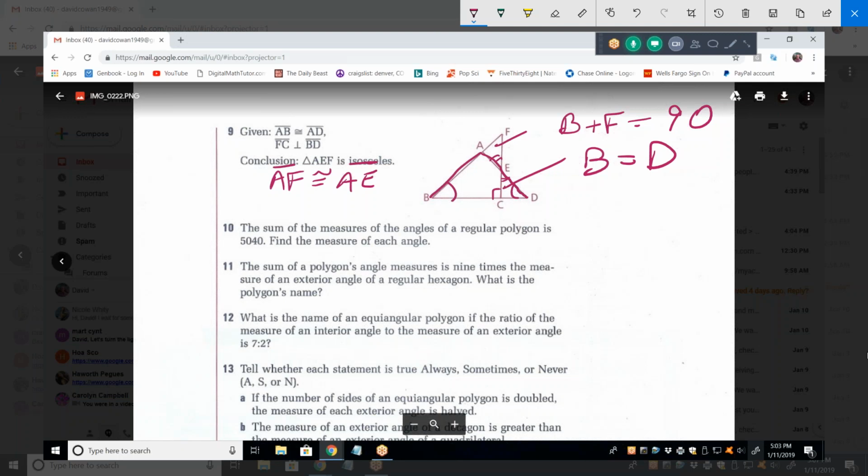We know that C is 90. Right. Oh, never mind. That's not in that same triangle. That's in a different triangle.